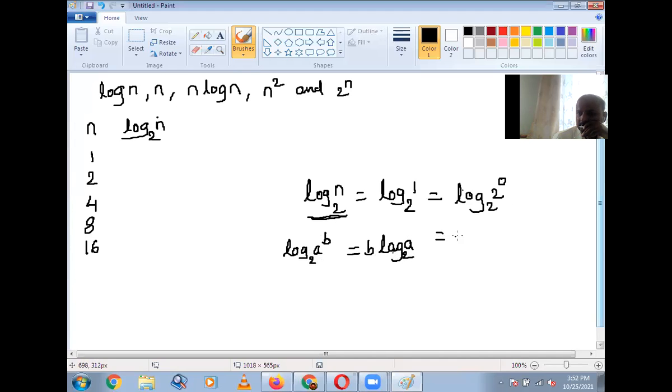Same formula here, 0 into log base 2 of 2, that is 0 into 1, we'll get 0. Are you getting? So here value of log n is 0.